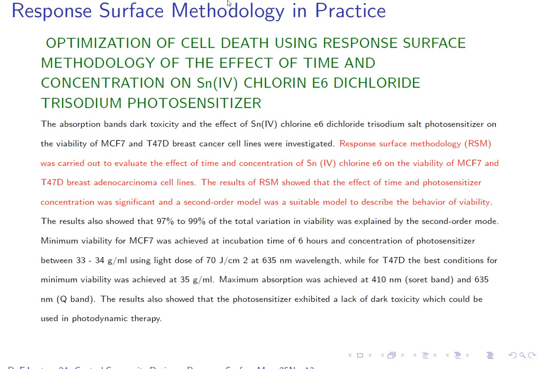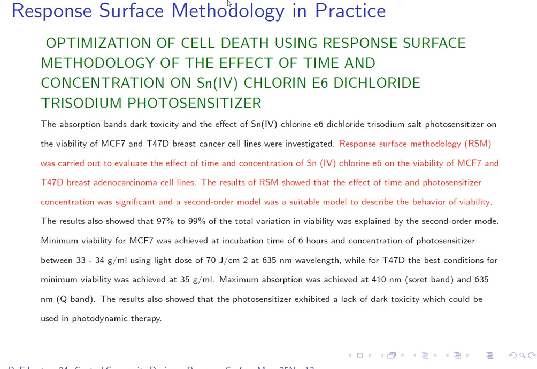But the part that's important for us is that this is an application of using response surface methods to evaluate the effect of 2 parameters, the time of exposure and the concentration of this particular compound, on the viability of two cell lines.